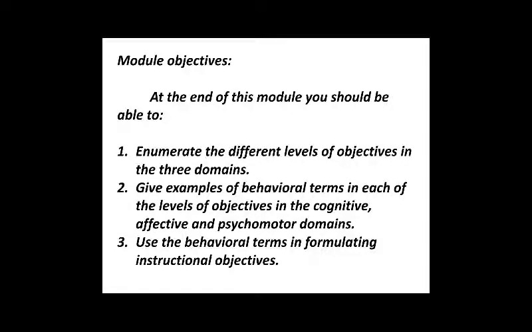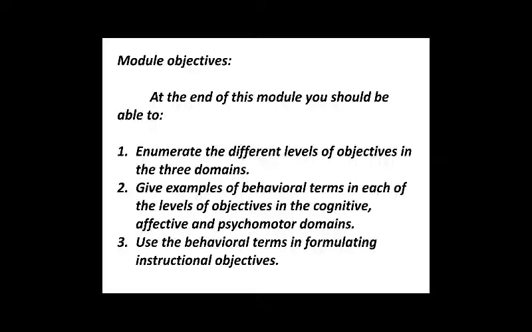I am uploading this video as supplement or support material to our module pertaining to Bloom's taxonomy of educational objectives. So for this particular module, our objectives are the following. At the end of this module, you should be able to enumerate the different levels of objectives in the three domains.